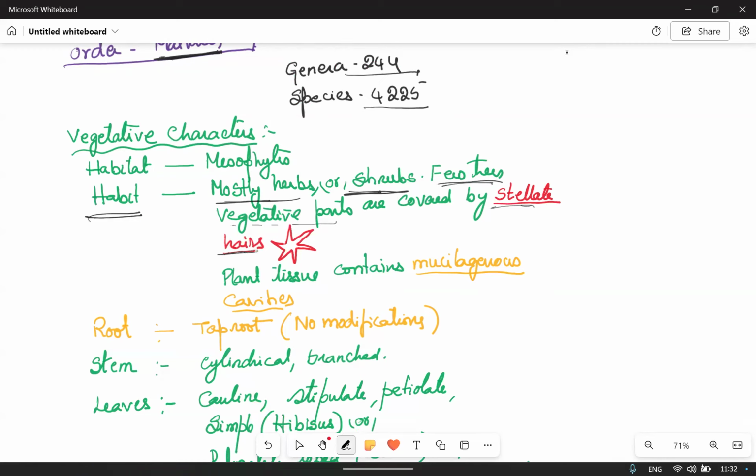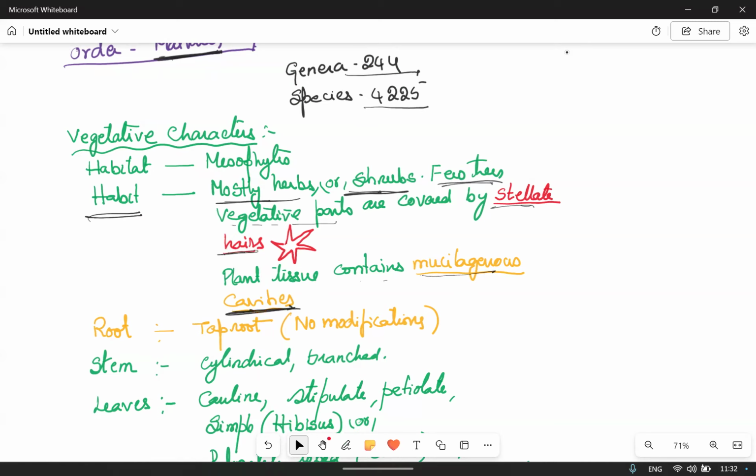And plant tissue contains mucilaginous cavities. You cut bhendi, why I'm telling that example? We use that as a vegetable, Abelmoschus esculentus. Or you crush a hibiscus leaf, we use hibiscus leaves for hair growth. When you are crushing that, mucilage will come. So the plant tissue contains mucilaginous cavities. Important.